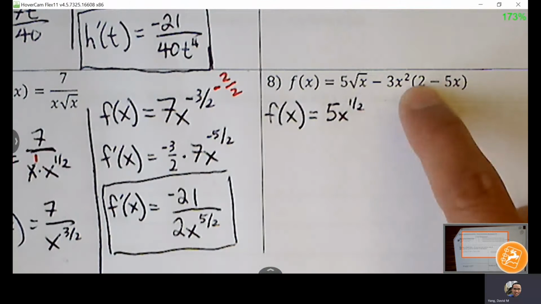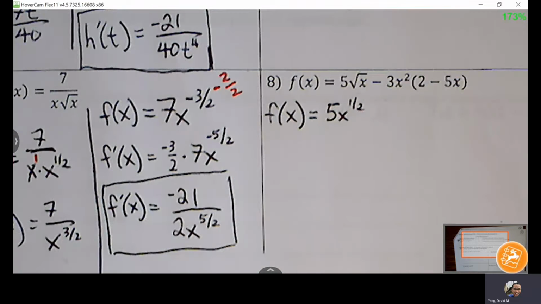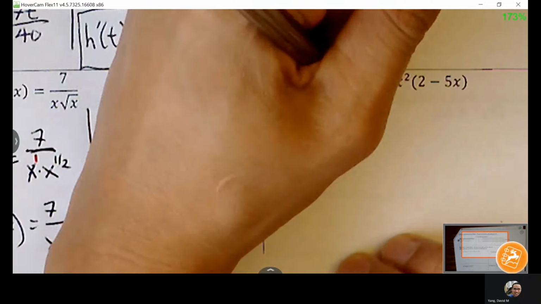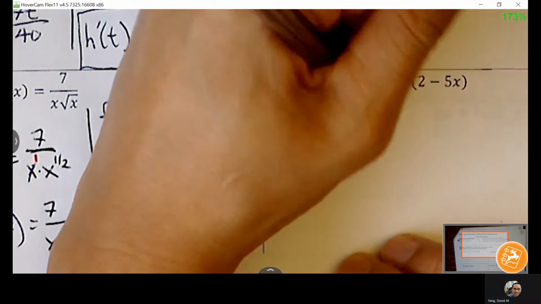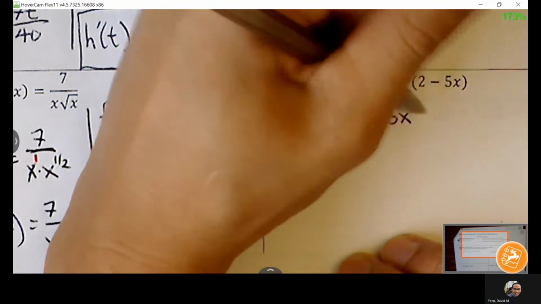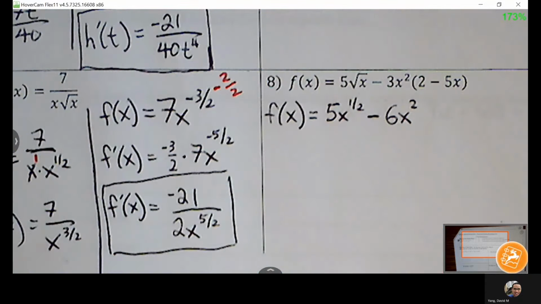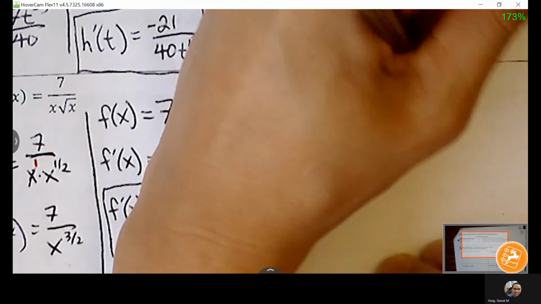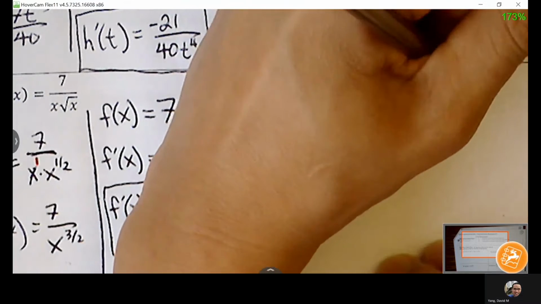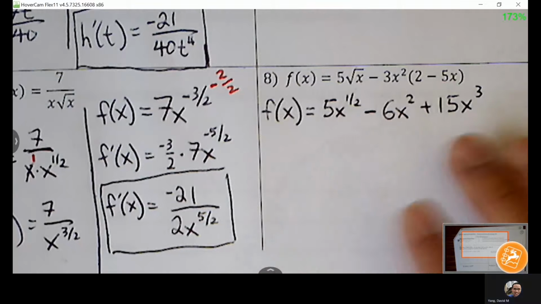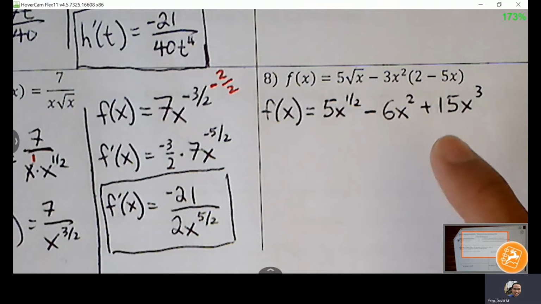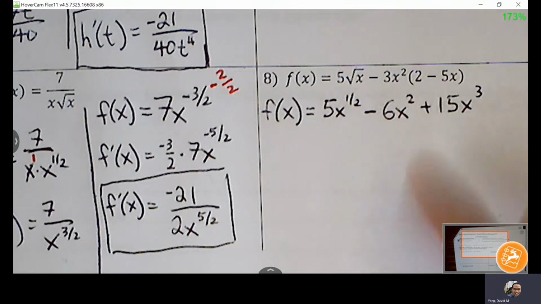We got to deal with these parentheses too, right? We can distribute the negative 3x squared through. So what does that become? Okay. Right. So now all of our conditions have been met. No radicals, no denominator variable, and no parentheses.